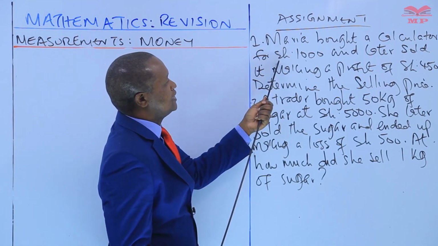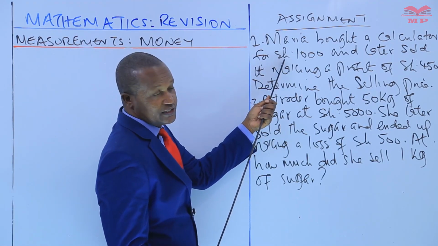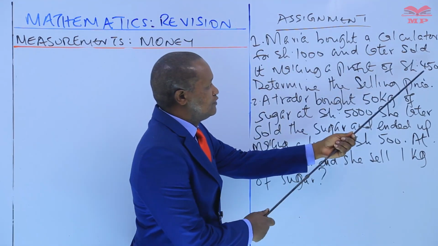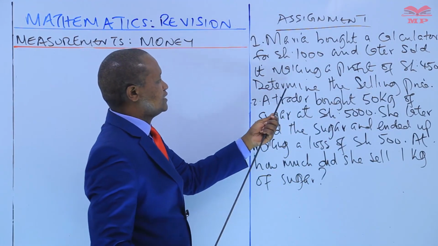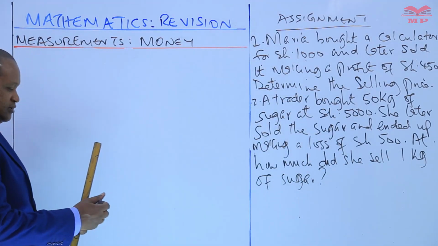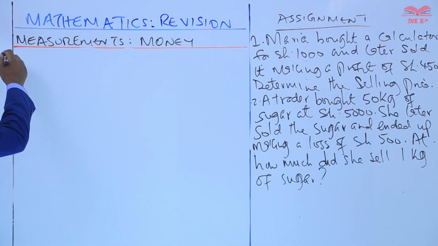Maria bought a calculator for 1,000 shillings and later sold it, making a profit of 450 shillings. Determine the selling price. So what is the formula for selling price?